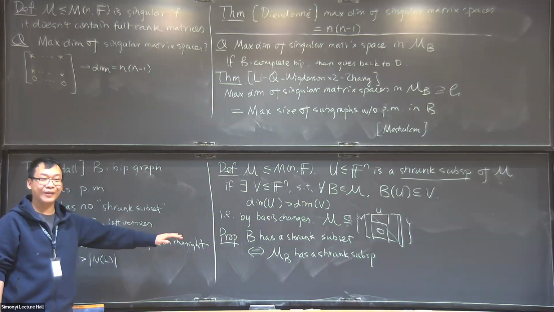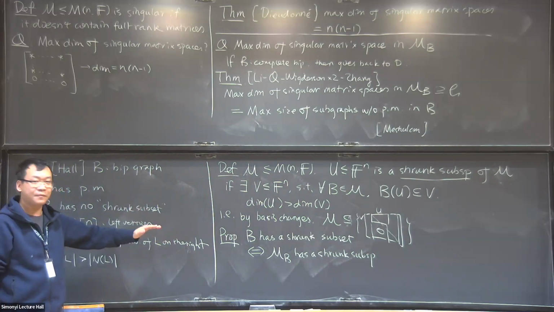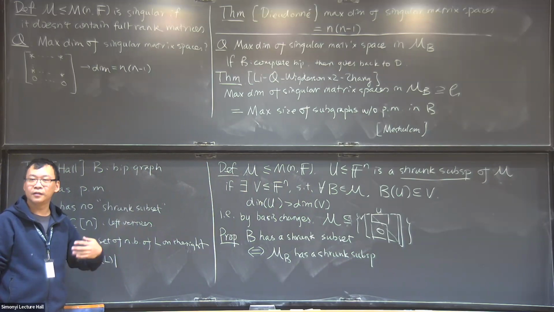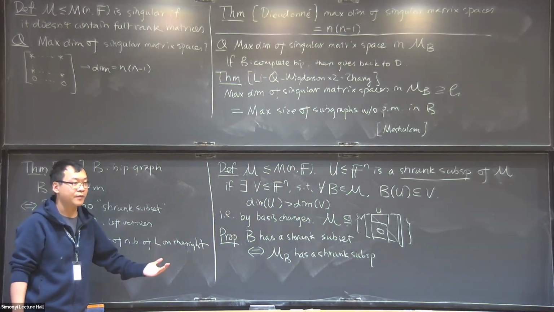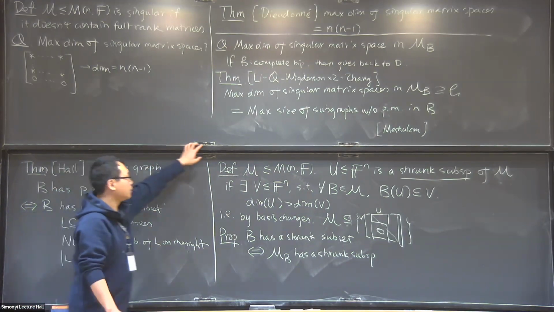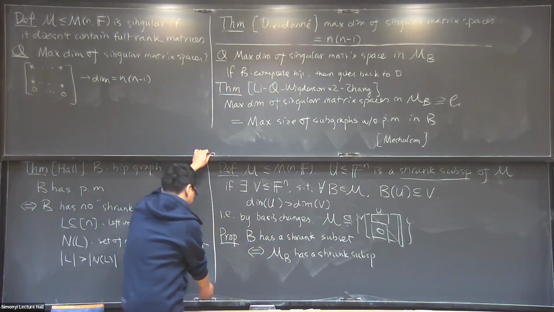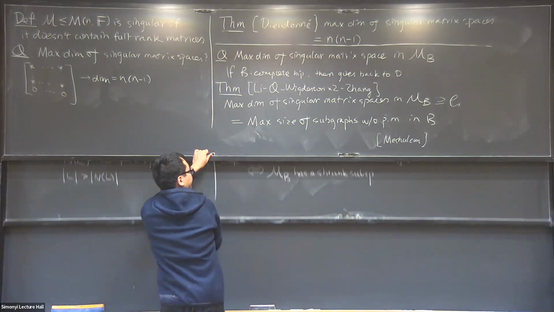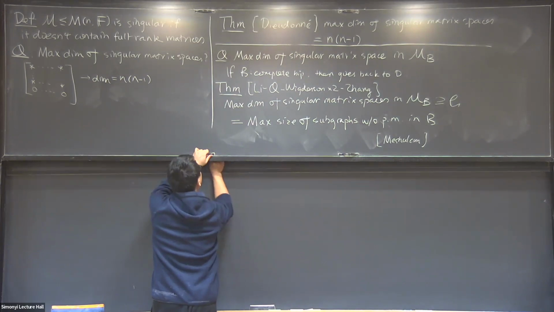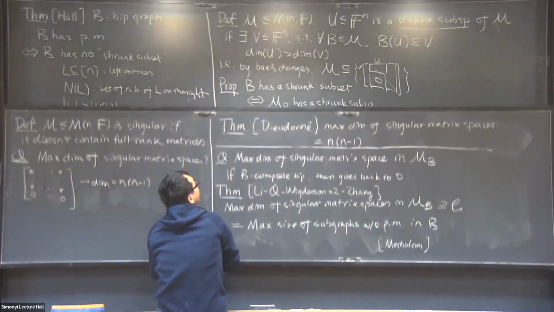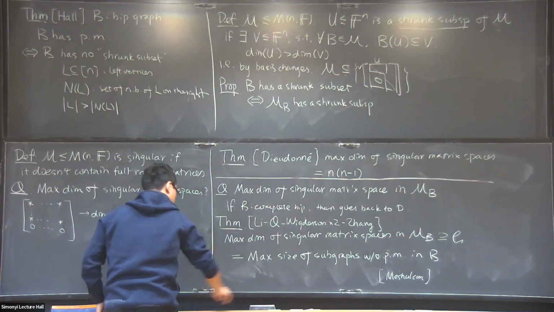So that's another connection. This is connecting shrunk subset, a graph-theoretic structure, to shrunk subspace, which is a matrix space structure.